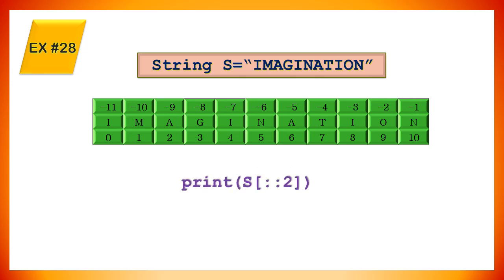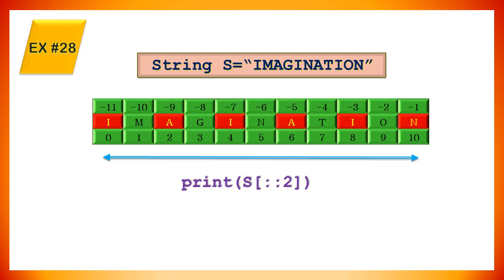Example 28, S colon colon step value 2. See, no starting index has been provided, no ending index has been provided. That means starting from the beginning, ending till the last index. And step value has been provided positive. So left hand side to right hand side selection will be done and all indexes between 0 to the last index will be generated.